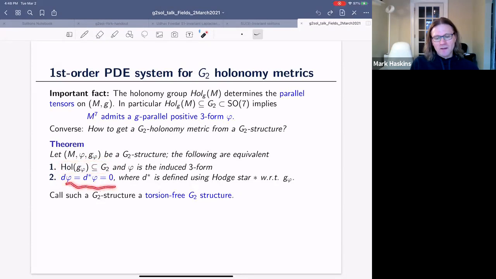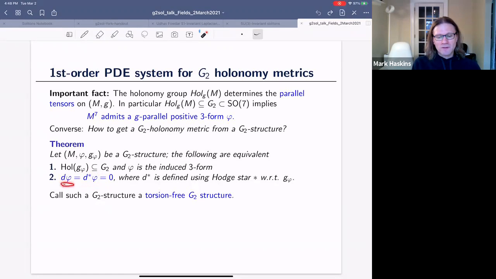So let's think about the equations occurring here a little bit more. Recall that in order to define the Hodge star, we needed a metric, but the way that the three form determines a metric is nonlinear, sort of cubic in the three form. So in this statement, this operator depends in a nonlinear way on the background three form that we have.